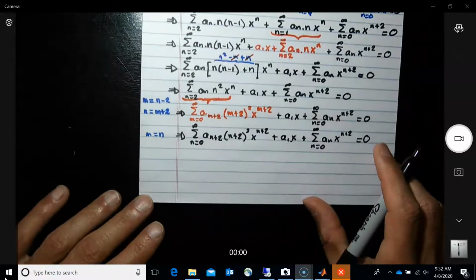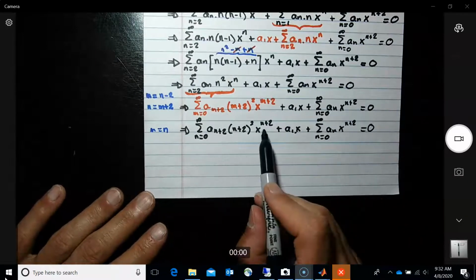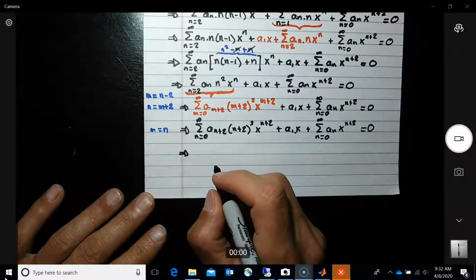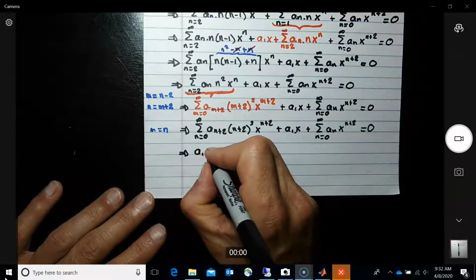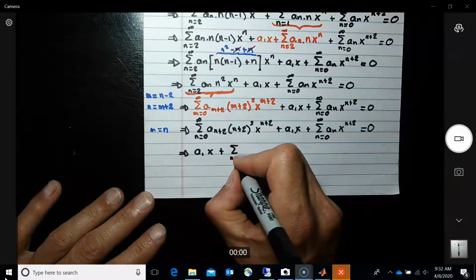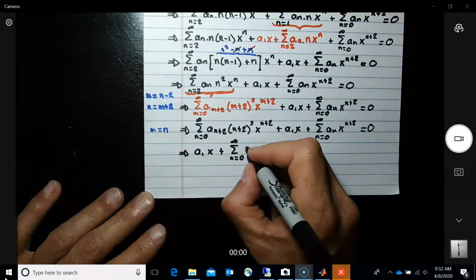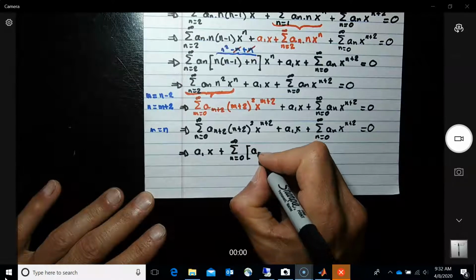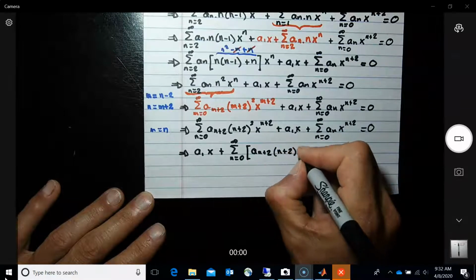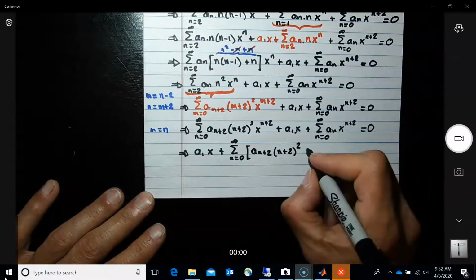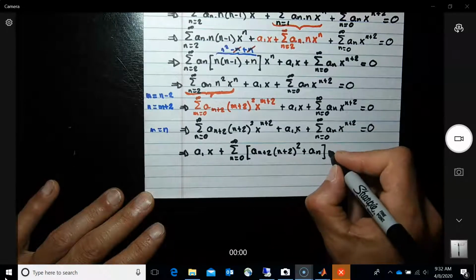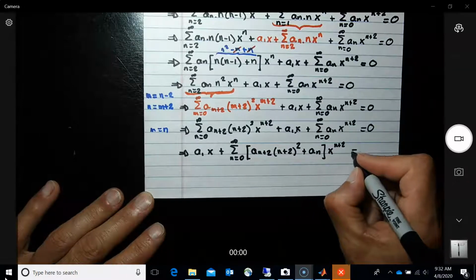So now that we have everything under the same summation sign, and here we're lucky to have the same exponent as well, we can collect the terms, and we're going to have a1x plus summation n equal to 0 to infinity of a n plus 2 times n plus 2 squared plus a n, times x to the n plus 2, equal to 0.